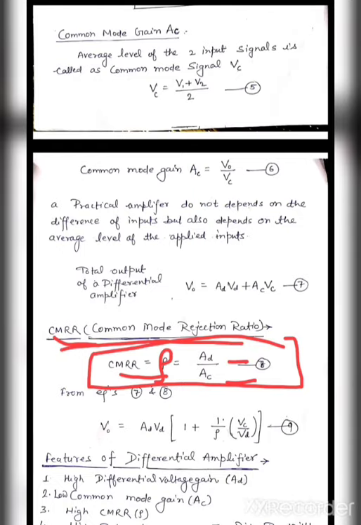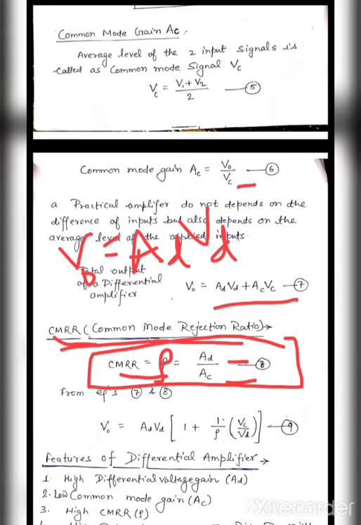and using equations 7 and 8, V output equals AD VD. If we take the common first term from equation 7, then it can be written in this form as 1 plus AC VC over AD VD.